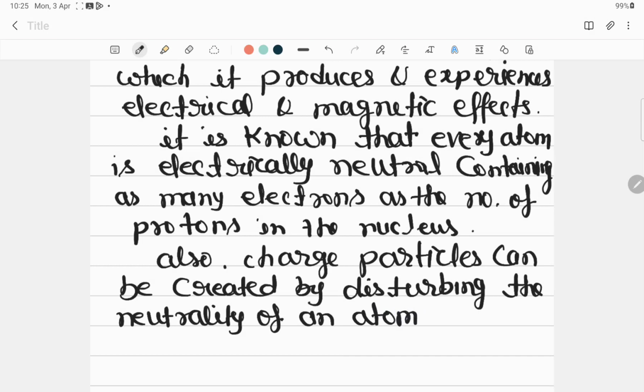Neutrality means same number of positive charge and negative charge. Amount of the negative charge is equal to the amount of the positive charge. That is what is called neutrality.